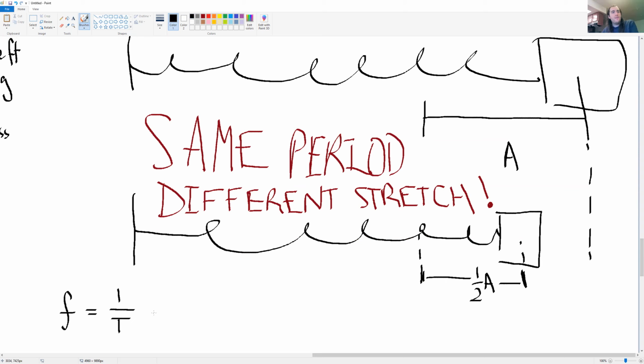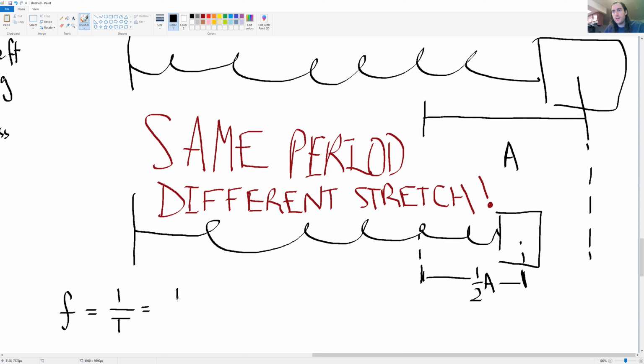We mentioned previously that the frequency was simply 1 over the period. The period is the time it takes for one repetition, so 1 over the period is the number of repetitions in 1 second.